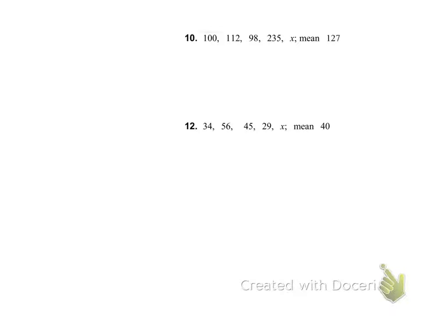So same thing here. I have 1, 2, 3, 4, I have 5 numbers. The mean is 40. So if I add all of those up, that would be 34 plus 56 plus 49 plus 29 plus x.